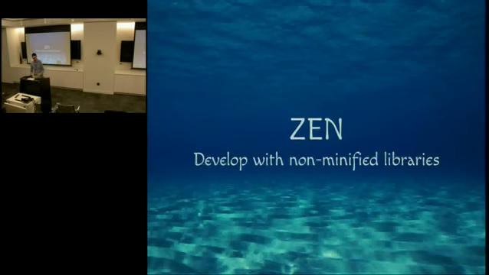Almost done. So next, develop with non-minified libraries. I think this slide is mainly in here because the Angular team is never happy when they get a bug report that contains a stack trace with angular.min.js because they have no idea what the stack trace is actually telling them. So when you're developing your code, be sure to develop with the full angular.js alongside your full version of jQuery and underscore.